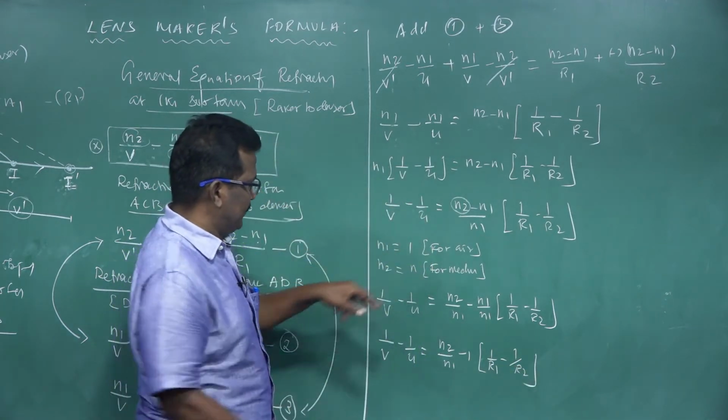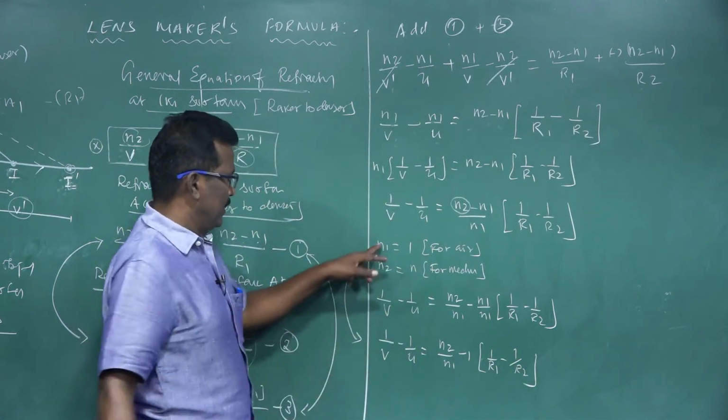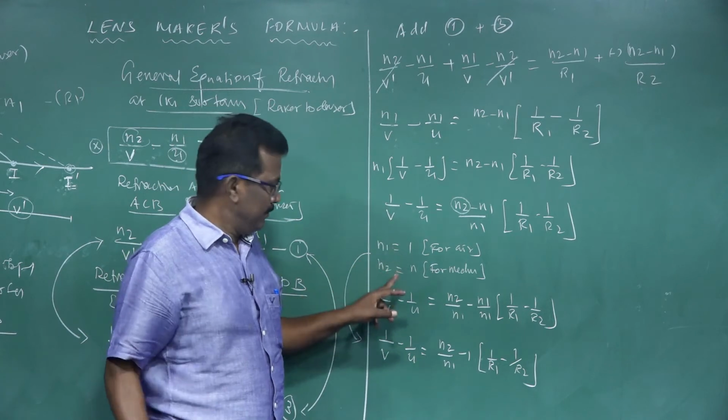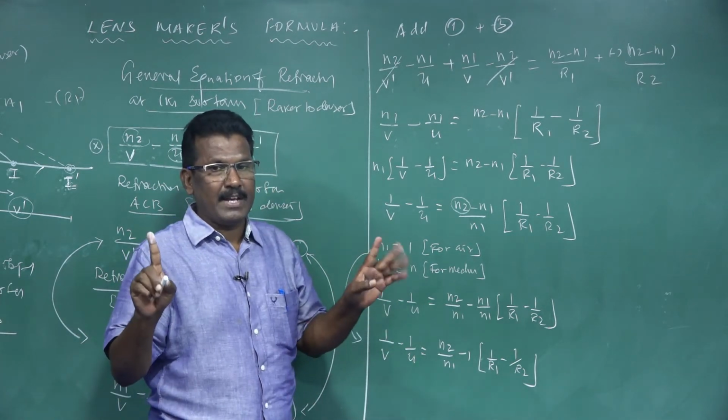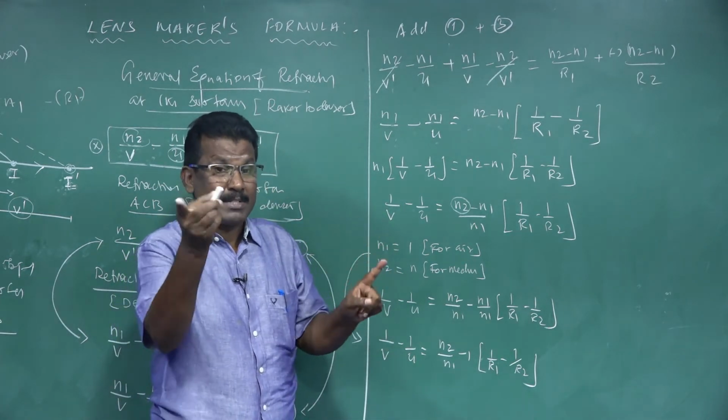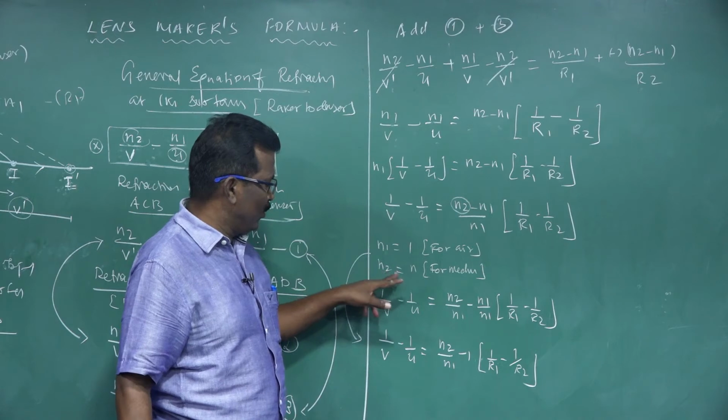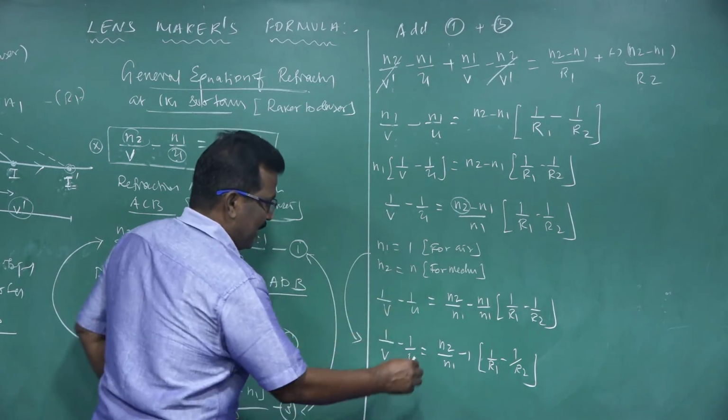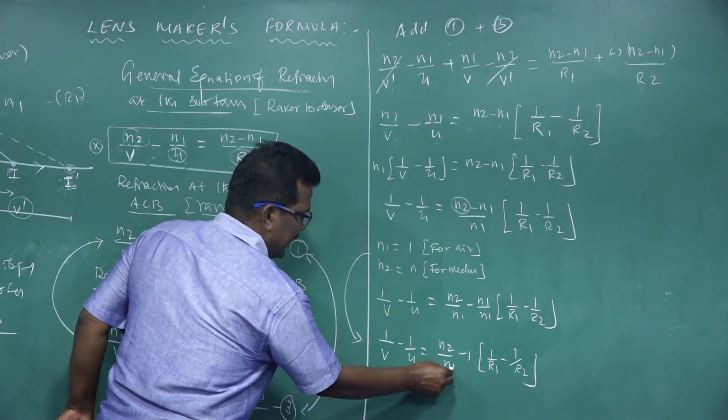Now use this format. n1 for air is 1. So the refractive index of air is always 1, and for any other medium it is greater than 1. For the medium, I am putting n instead of n2, and n1 is 1.